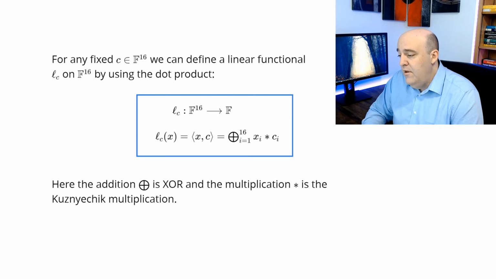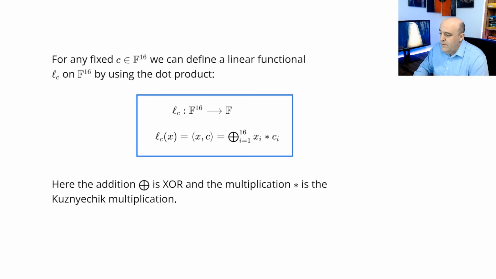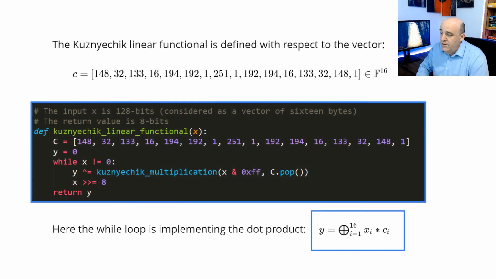And the addition symbol here is XOR. The Kuznyechik linear functional is defined with respect to this particular fixed vector C that's given right here. It's an element of F^16. And I just wanted to point out that this while loop is in fact implementing the dot product.